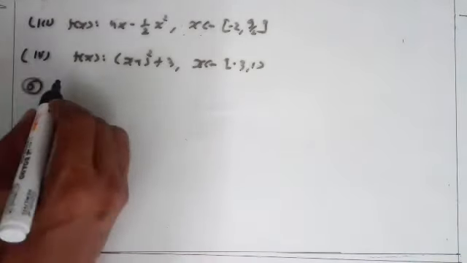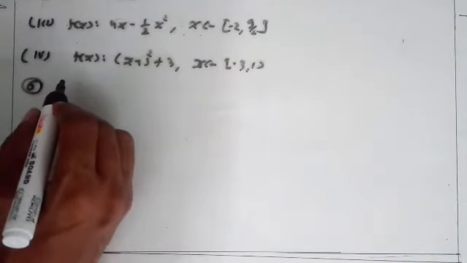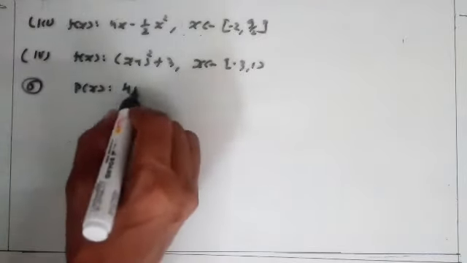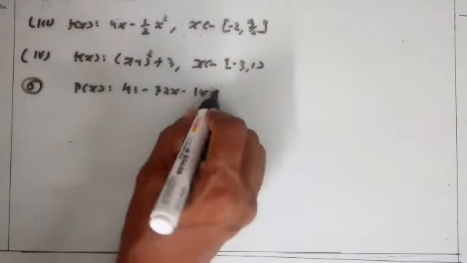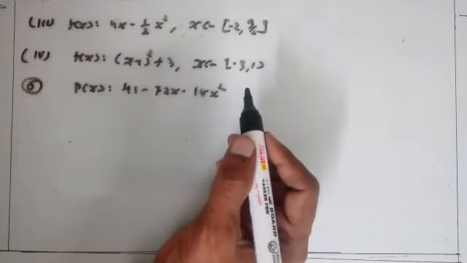Question number 6. Find the maximum profit that the company can make if the profit function is p(x) is equal to 41 minus 72x minus 18x square. For maximum and minimum we know how to find this.